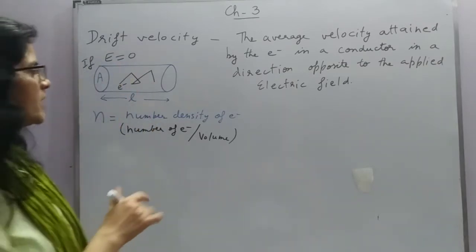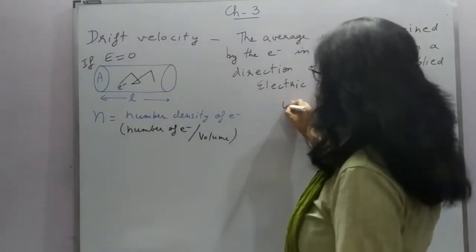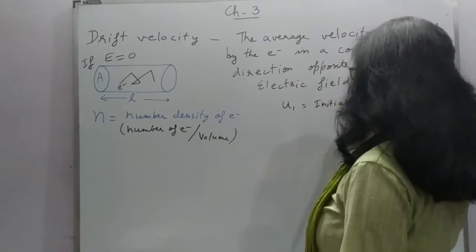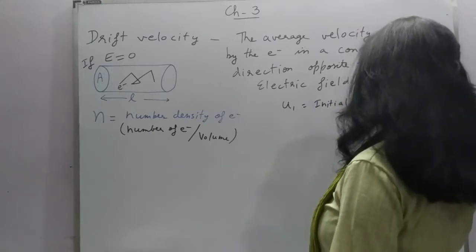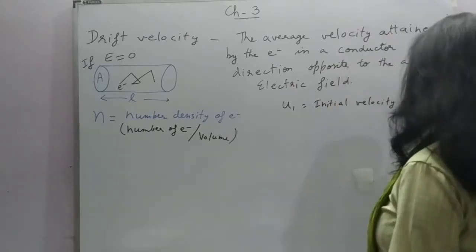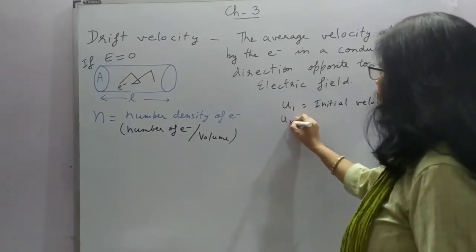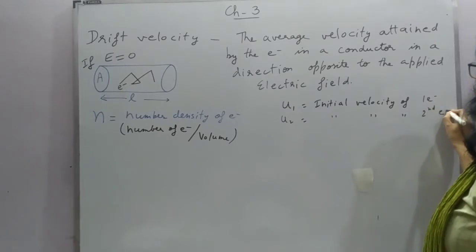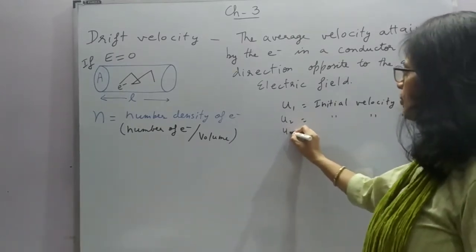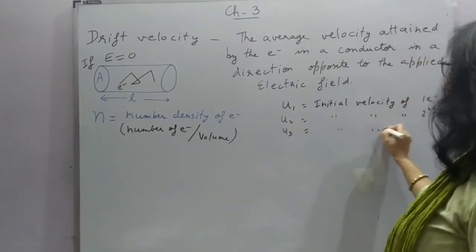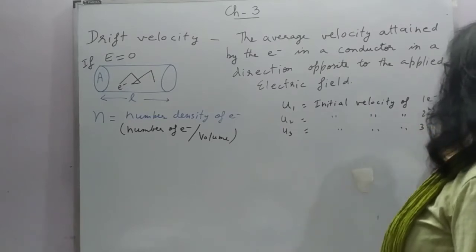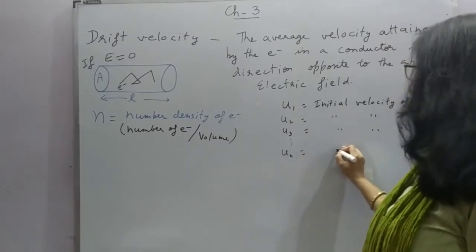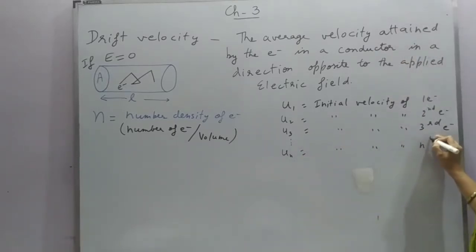So you can say that if U1 is the initial velocity of one electron, U2 is the initial velocity of second electron, U3 is the initial velocity of third electron, and so on, Un is the velocity of nth electron.